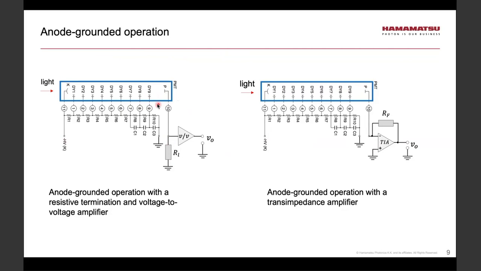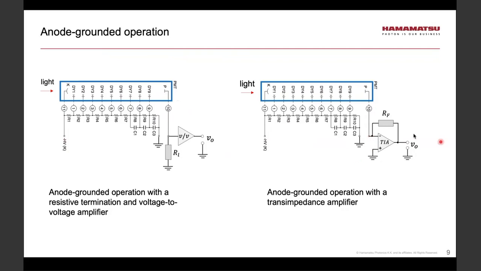One can improve on this by utilizing a transimpedance amplifier shown on the right-hand side. The great advantage of this circuit is that this potential here is effectively at zero. We call this a virtual ground.